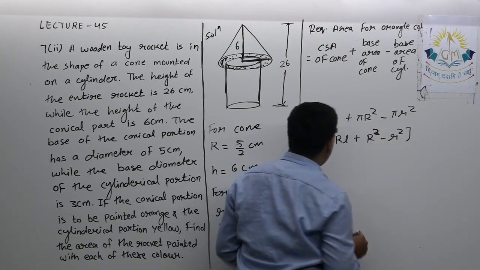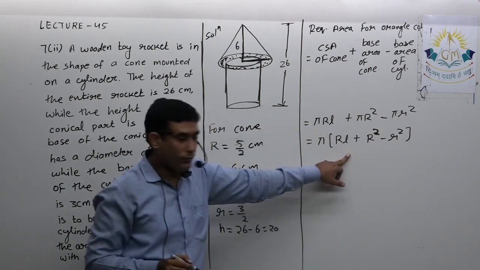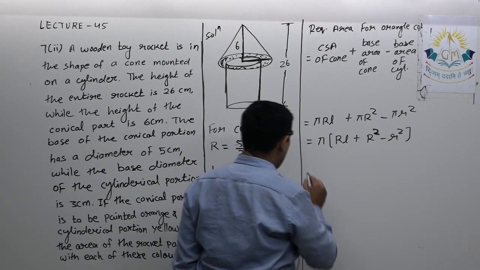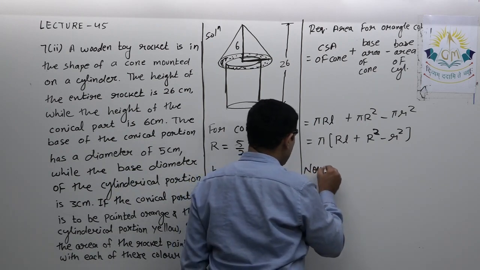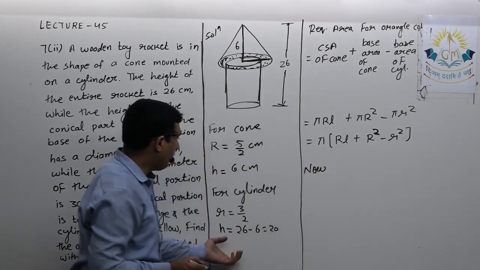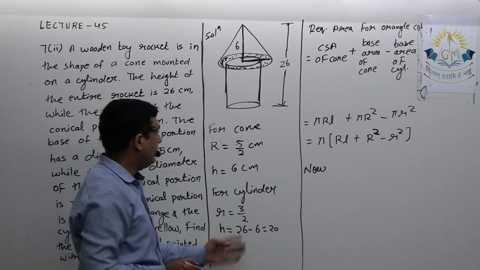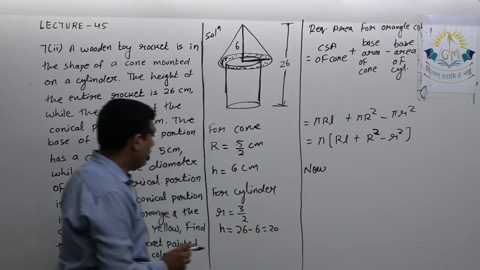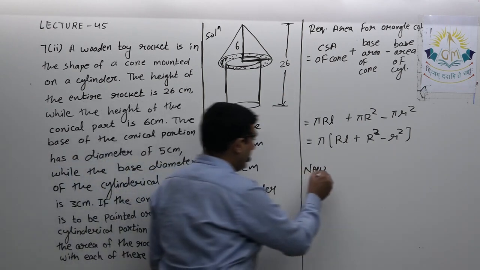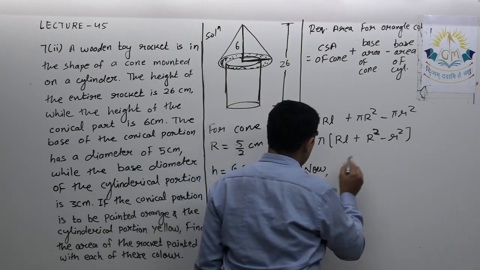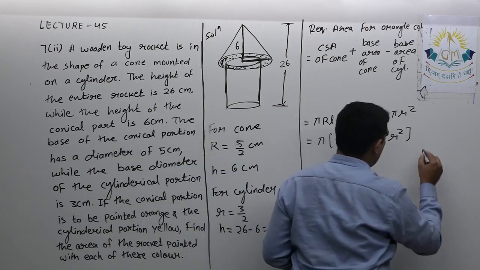Now I have to put the value of L. So first of all, I will find that value. It is better that you obtain that value over here only, then start with this. That will be better.